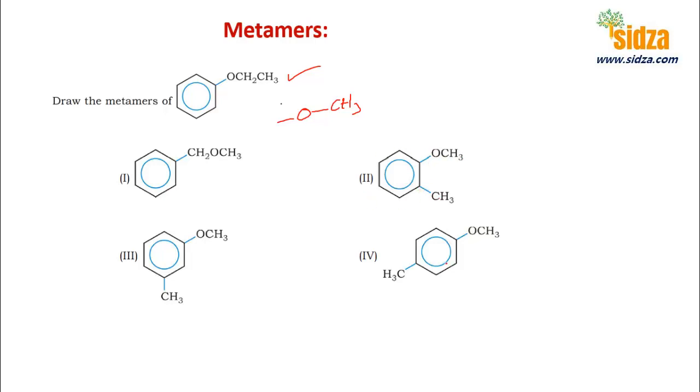Here you have the methyl at the para position. Here you have the methyl group at the meta position. So these are the different metamers having the same functional group, and the only difference is that they have different alkyl groups around the ethereal oxygen.